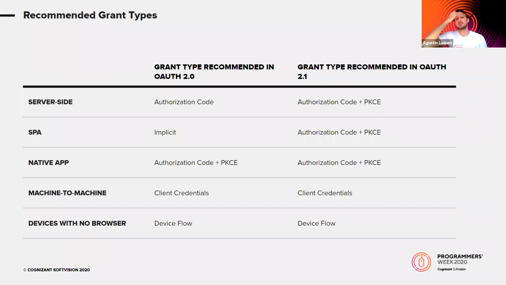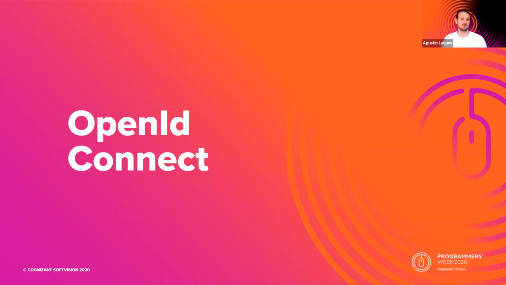For example, it makes the implicit flow that I told before, and the password flow, legacy flows, that we shouldn't use anymore. There will be no more access tokens in the URLs, and PKCE will be mandatory every time we use the authorization code flow, and many more things that you can read about. Now, Marian will talk about OpenID Connect.